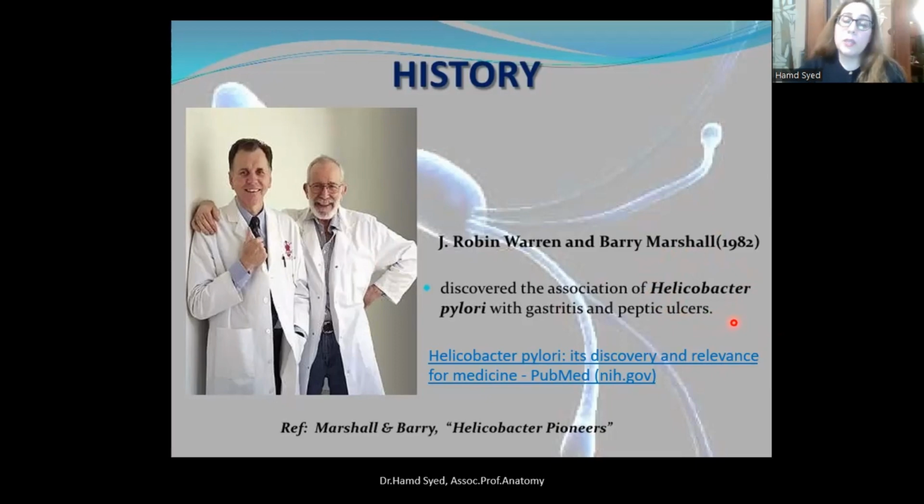So previously it was thought, before the discovery of the role of H. pylori, that there are multiple factors involved in the formation of peptic ulcers, but the role of bacteria was not considered to be a causative factor, because it was generally supposed by the scientific community that because of the acidic environment of the stomach, which is produced by the hydrochloric acid, it is not possible for bacterium to survive within this harsh environment.